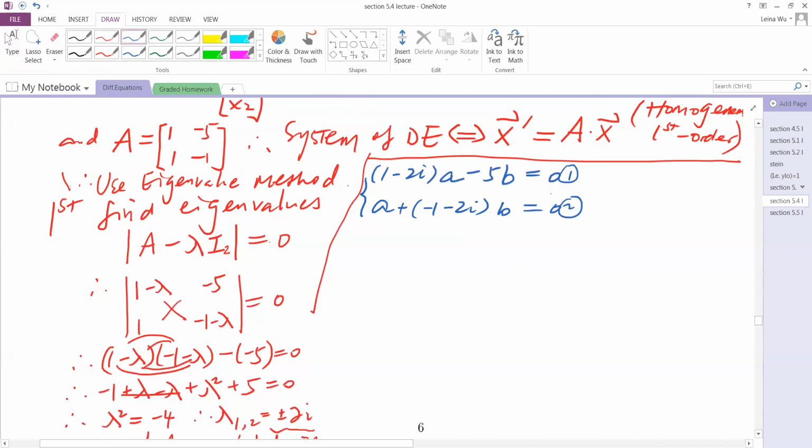How do we solve for a and b, folks? We can multiply by whichever one we decide to take out. I think we should take out a first. So if we eliminate a, we can do equation 2 multiplied by 1 minus 2i, right?